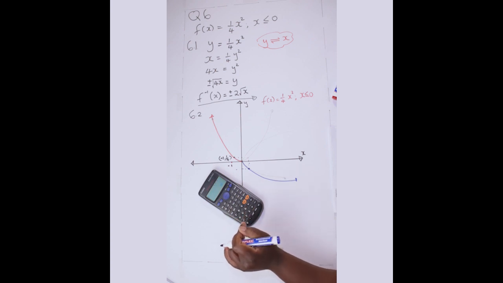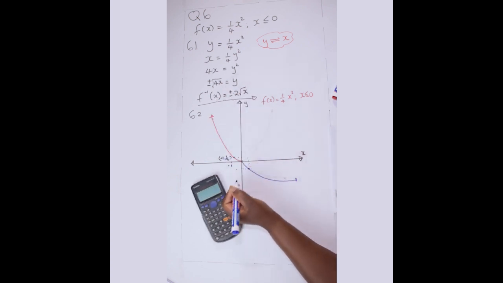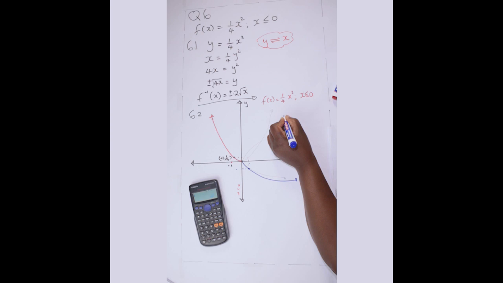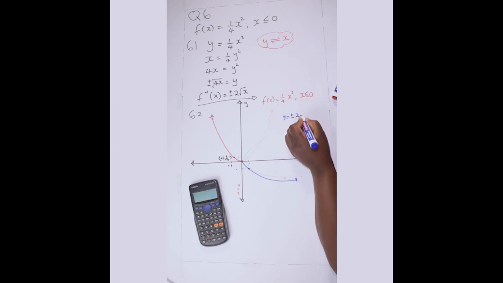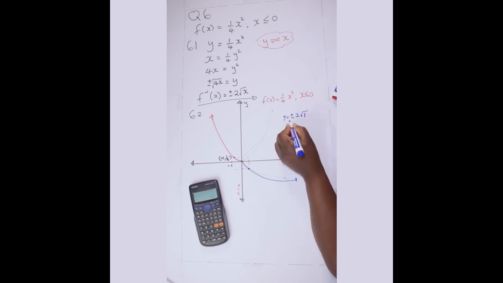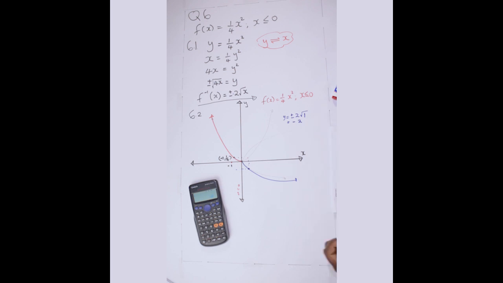In the inverse, when we put x to be 1, we substitute in this equation, we will have y equals plus or minus 2 the square root of 1. So it gives us a negative 2 or a positive 2. But because we are on the negative side, this is the point we are talking about whereby our y will be negative 2. So the coordinate will be 1 and negative 2.